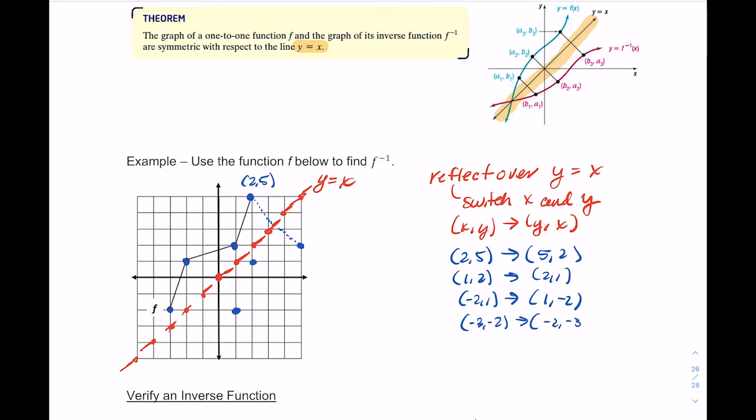So that's going to become -2, -3. And then now all you have to do is just connect. And you'll have f inverse. And we'll label it f to the -1, which again, remember, means f inverse.